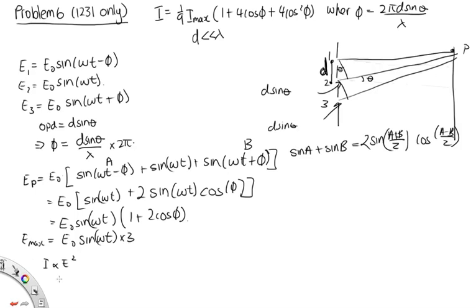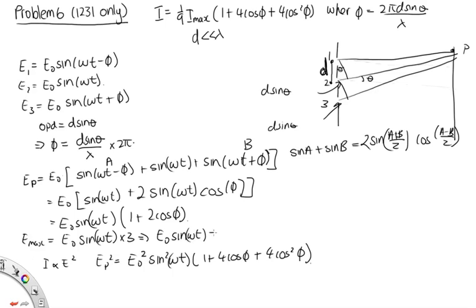So we have that EP squared is equal to E naught squared times sine squared omega t times the square of this. When we square this, we get 1 plus 4 cos phi plus this squared, which is 4 cos squared phi.